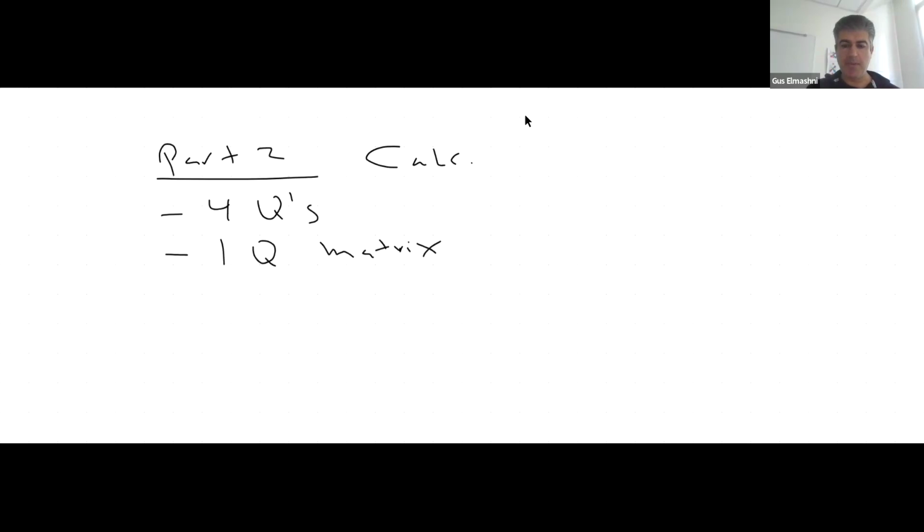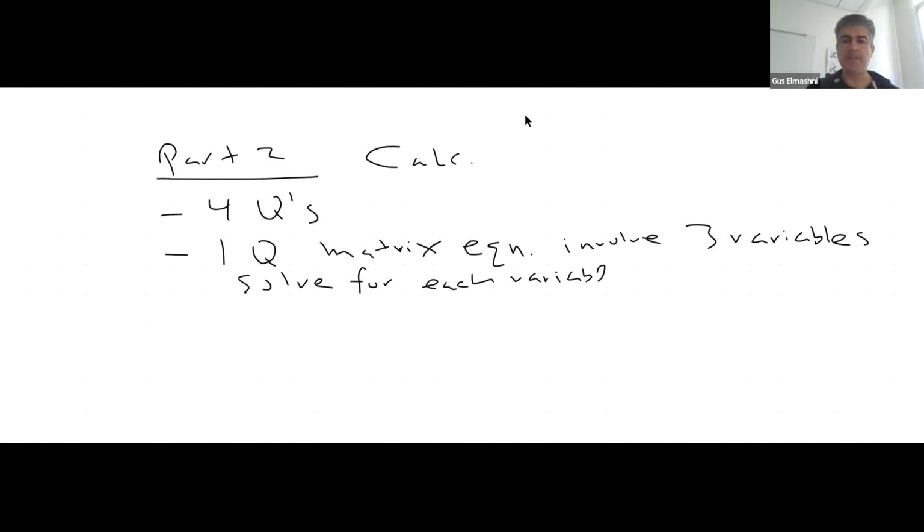There'll be one matrix equation, and it'll involve 3 variables, and you have to solve for each variable. I'll give you some examples in a moment, doing what we did on exercise number 8.